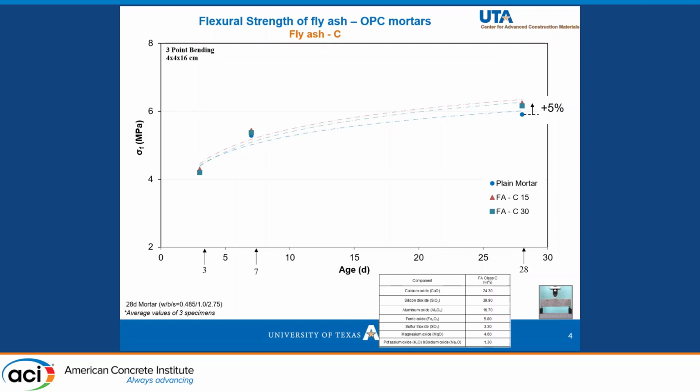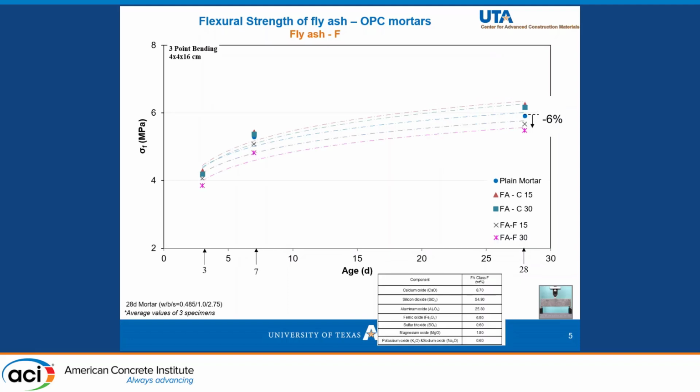We can observe in this graph that at 3 and 7 days, the fly ash mortars show values comparable with those of ordinary Portland cement mortars, and at 28 days only a small increase of approximately 5% was observed for this type of fly ash mortar. When we used fly ash F, a small decrease in flexural strength was observed at all three ages, varying up to -6%.